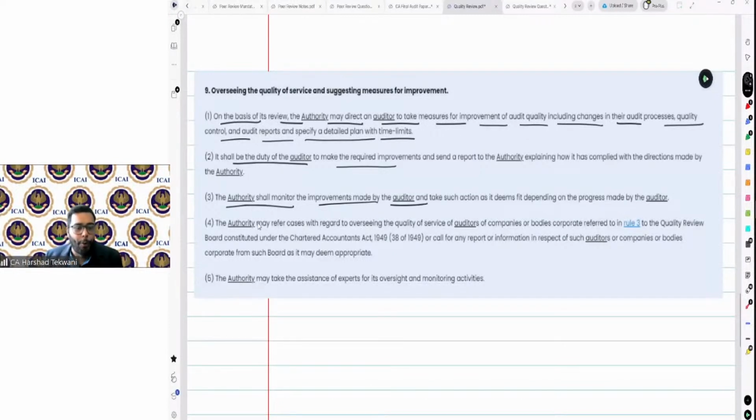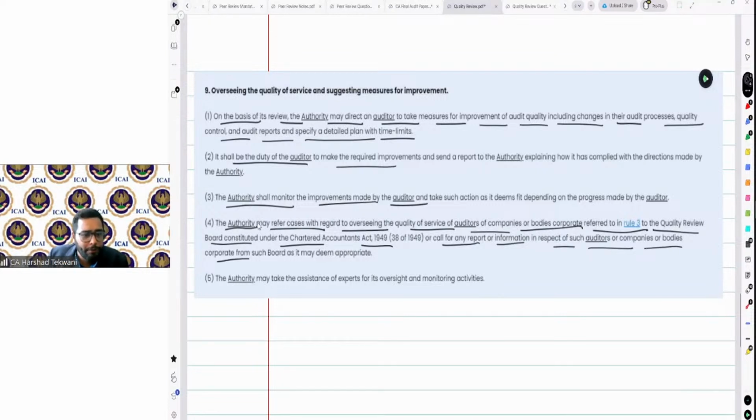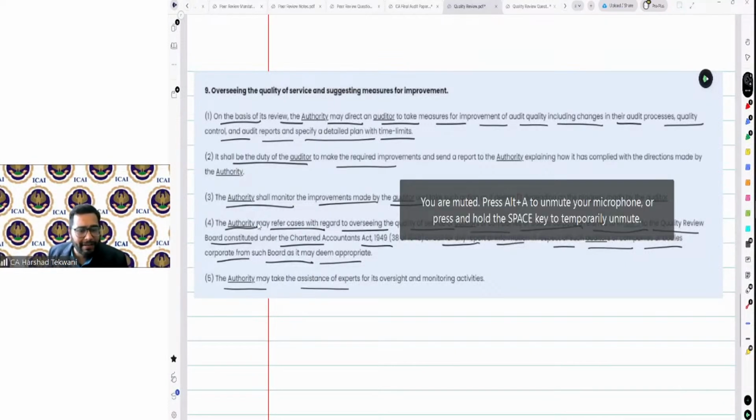Now, the fourth point: the authority may refer cases with regard to overseeing of quality of auditors of the company or body corporates referred in Rule 3 to the Quality Review Board constituted under the Chartered Accountants Act, or call for any report or information in respect of such auditors or companies or body corporate from such board as it may deem appropriate. The authority may take the assistance of an expert.